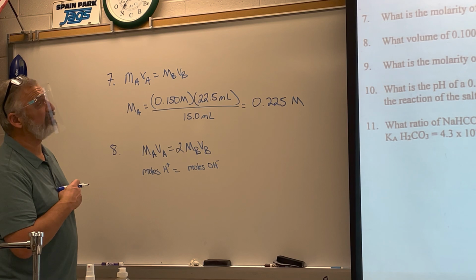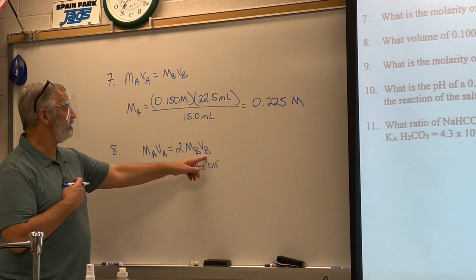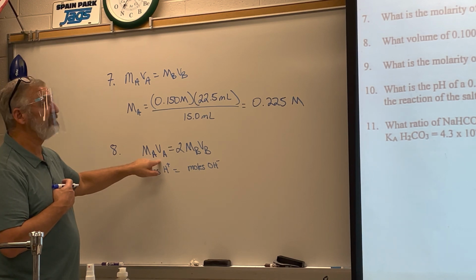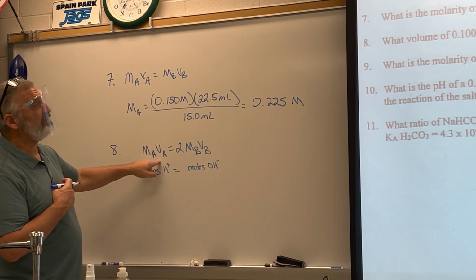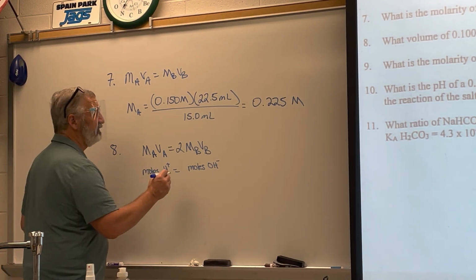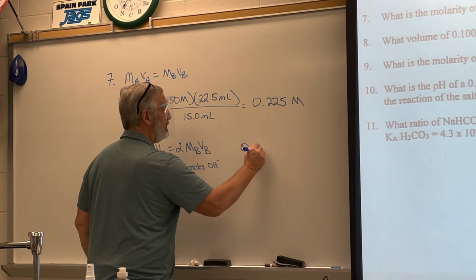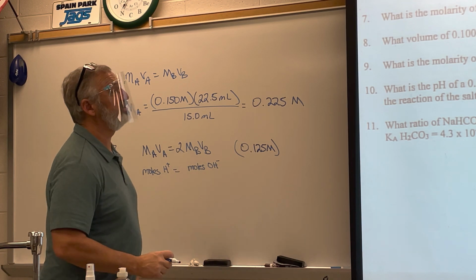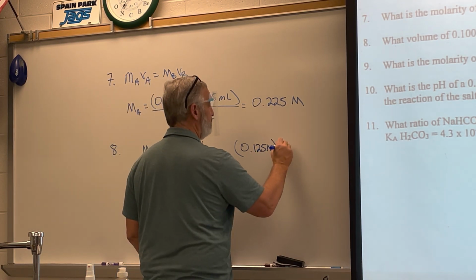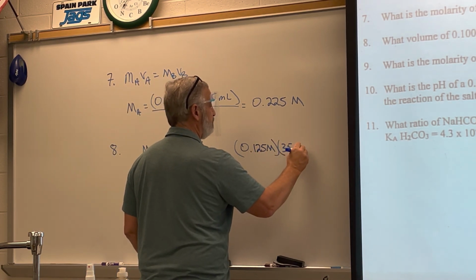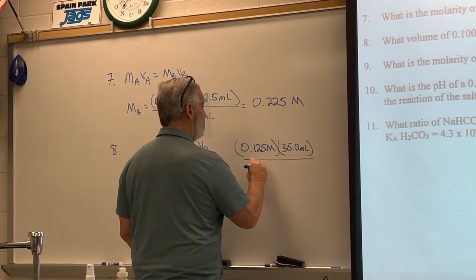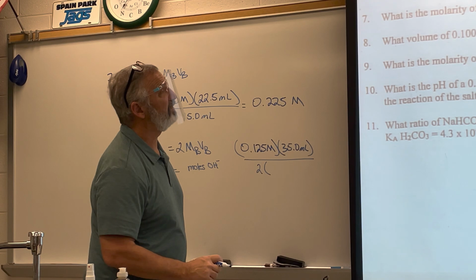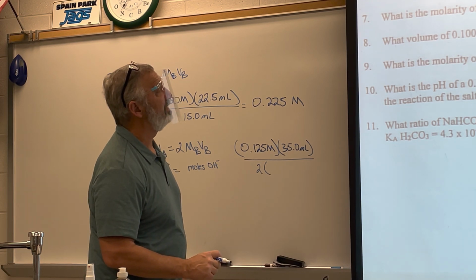The question asks for what volume, so we're going to be looking for volume of the base. So I'm just going to bring the 2 MB to the bottom over here. So I'm going to have the molarity of the acid is 0.125. The volume of the acid is equal to 35 milliliters, divided by 2 times the molarity of the base, which is 0.1.